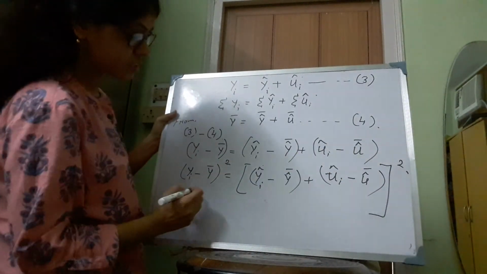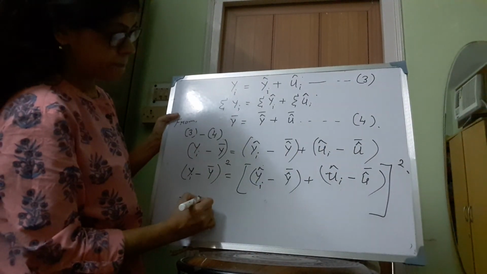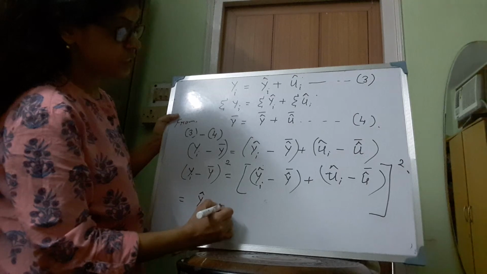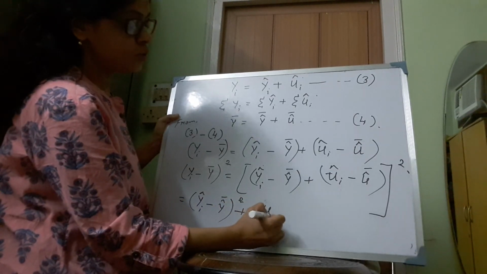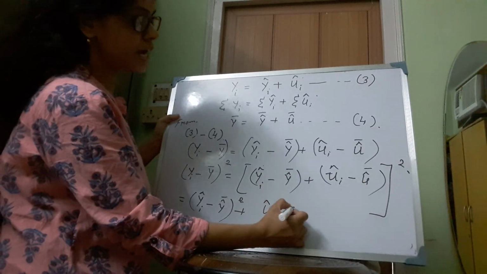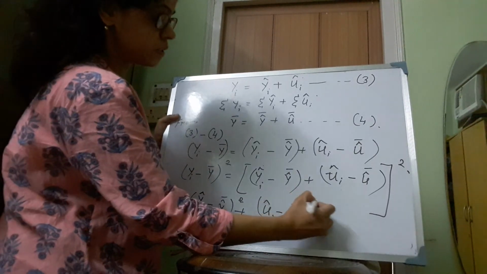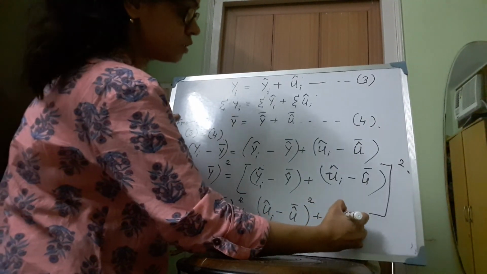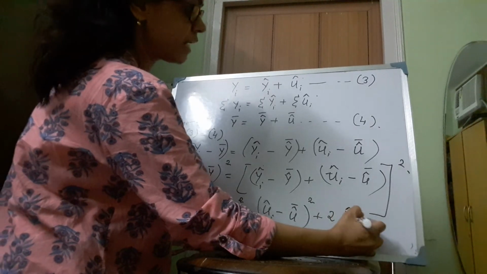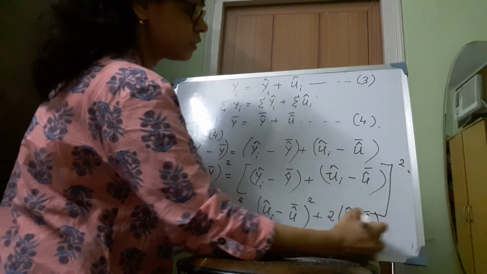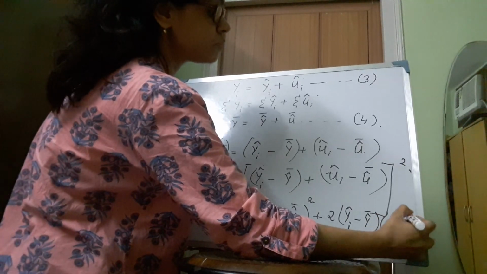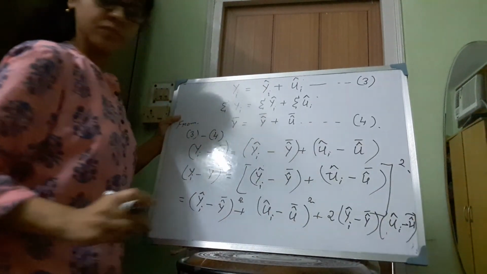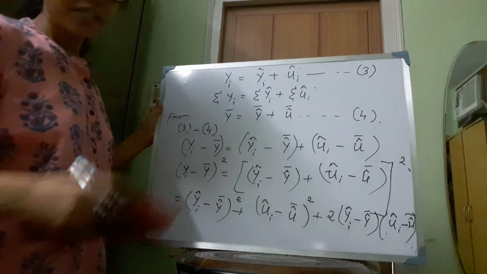Now expanding this, we get yi hat minus y hat bar whole square plus ui hat minus u hat bar whole square plus 2 into yi hat minus y hat bar into ui hat minus u hat bar.